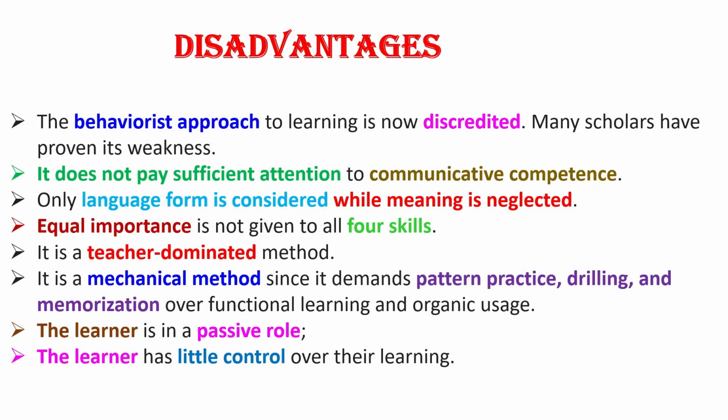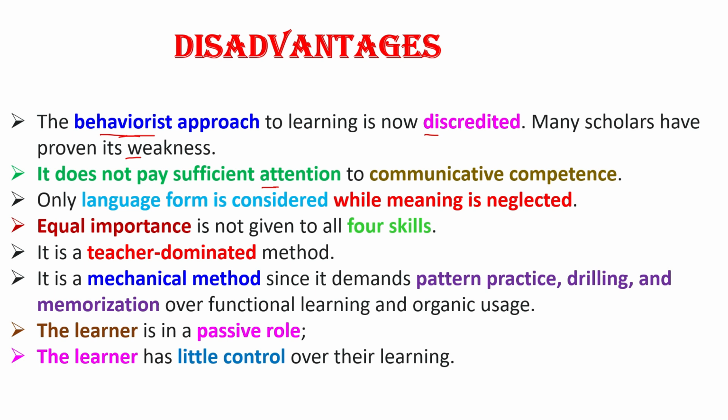Coming to the disadvantages, the behaviorist approach to learning is now discredited. Yes, the behaviorist approach is now discredited because it became very weak. In the beginning, they accepted the behaviorist method, but later on, many psychologists and linguists opposed it. And it does not pay sufficient attention to communicative competence.